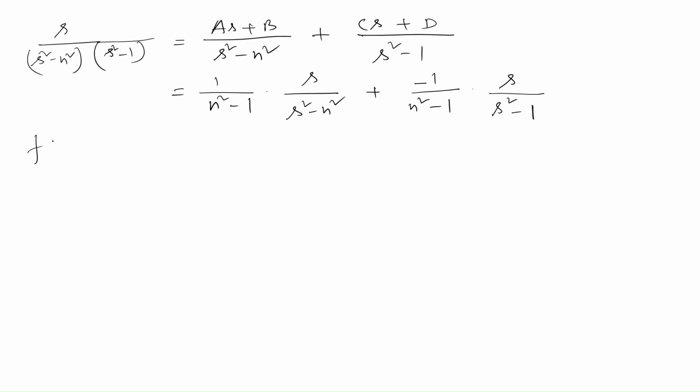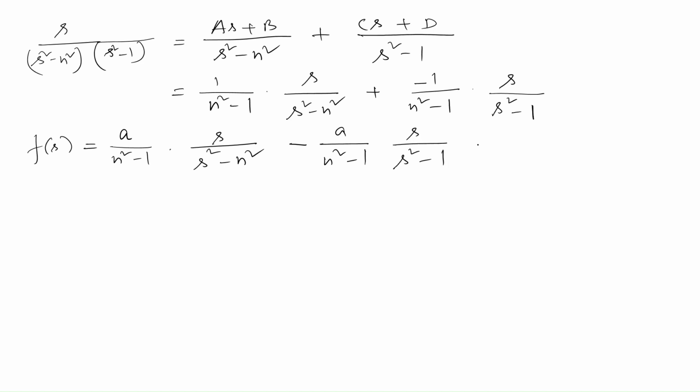Now what is Fs? Fs equals a by n square minus 1 times s by s square minus n square, minus a by n square minus 1 times s by s square minus 1, and plus 2 by s square minus 1.